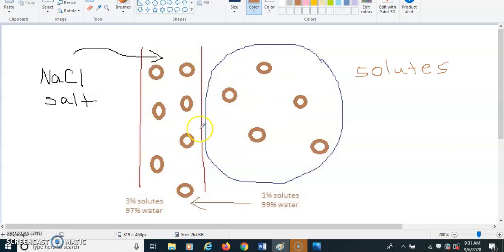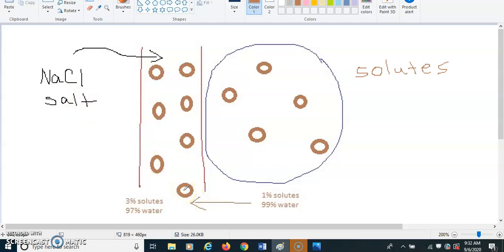This is what we had started out with: in our cell I just put like 5 different solutes. And then the blood did have 5 solutes, but then we ate that whole bag of Doritos chips. So then we increased our amount of solutes, in the form of salt. So then we got more solutes in here.